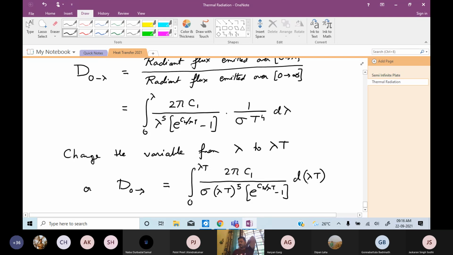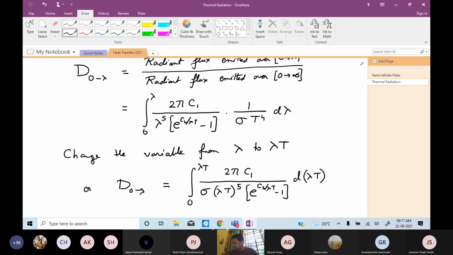What is d of lambda T? T d lambda. That T comes up, and that is how I could get the additional temperature in the denominator. Sir, will that be lambda square T in the exponent?